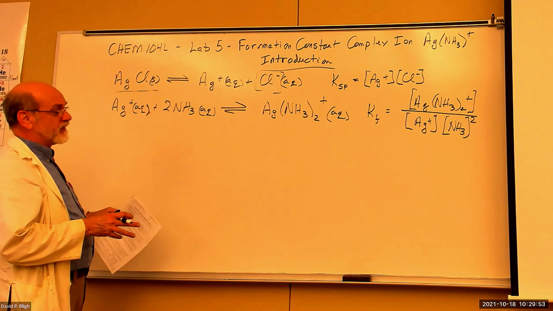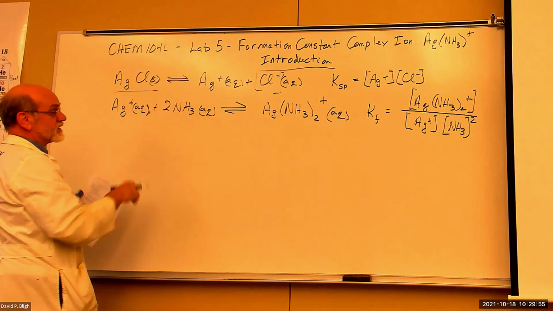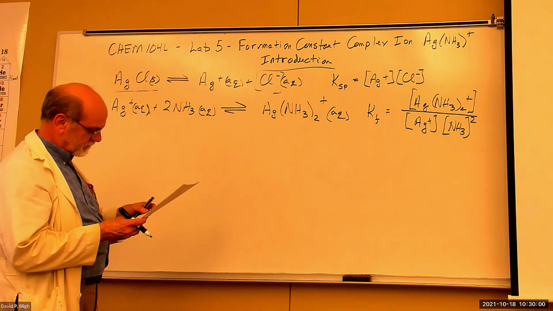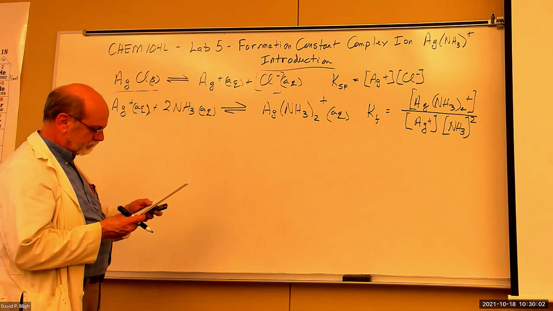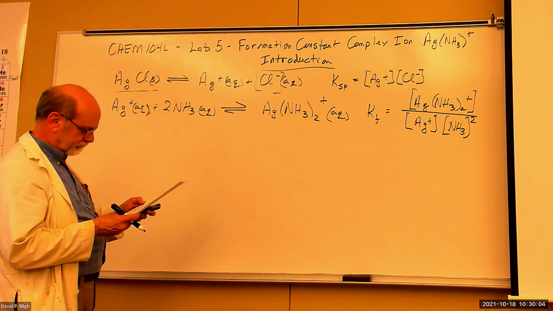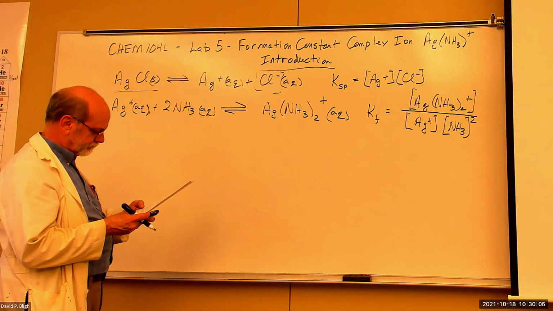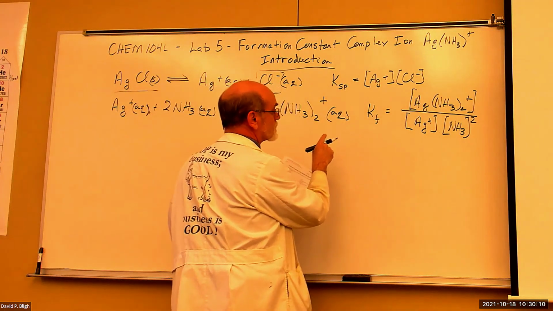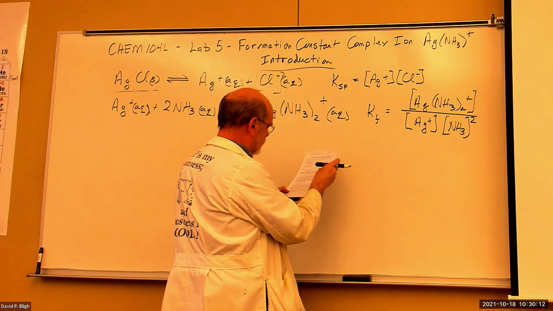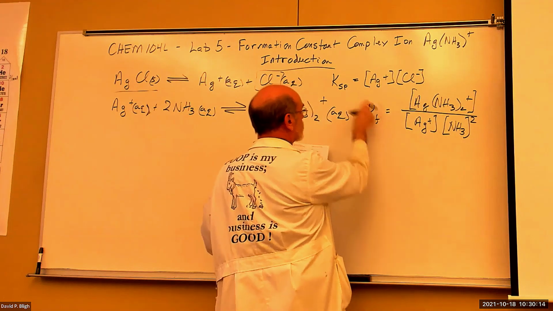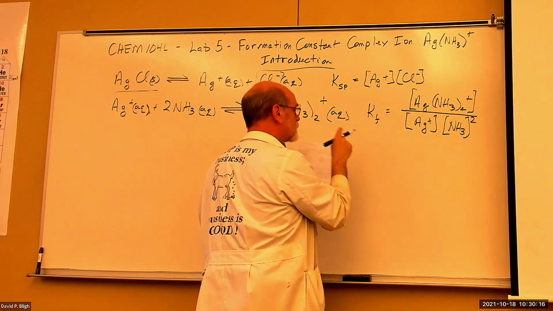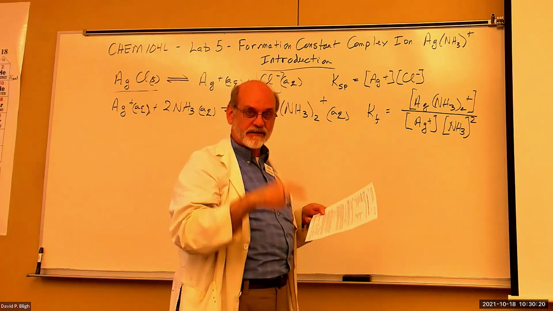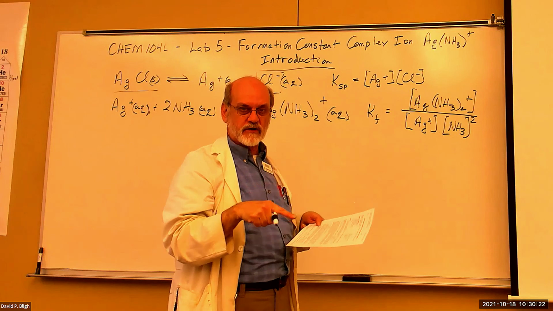Okay, so how do we simplify this process? Because once we have that information, what do we do with it? Well, here's the simplification. Notice that we have similarities between these two. The reason we can do this is because both of these reactions are happening at the same time in that reaction mixture.